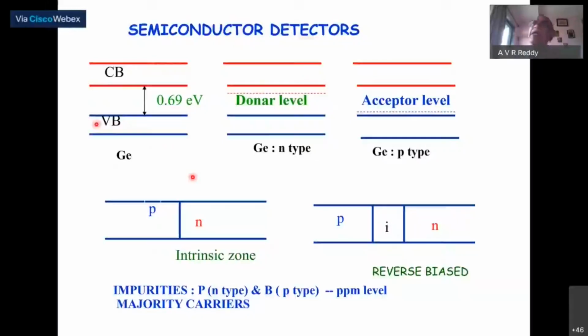I already explained, in the case of scintillators, the meaning of valence band and conduction band, and the gap for germanium is 0.69 eV. And if you have a small impurity, a periodic table impurity can be there. You know that neighbors enter into your house freely, right?